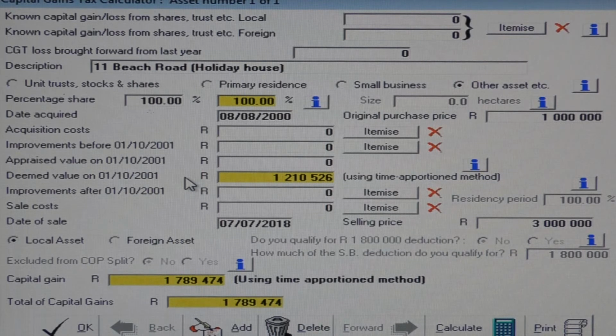105,263 rand profit per year. Add the 105,263 for each year of ownership before 1st of October 2001 to the purchase price to get the base cost.